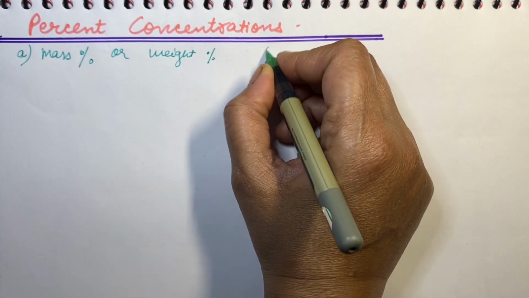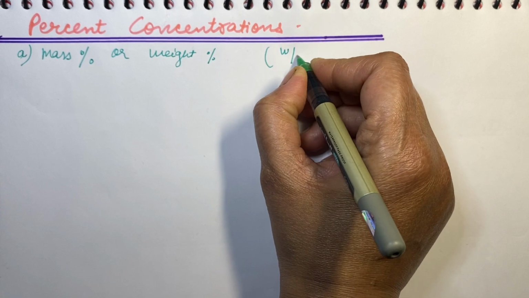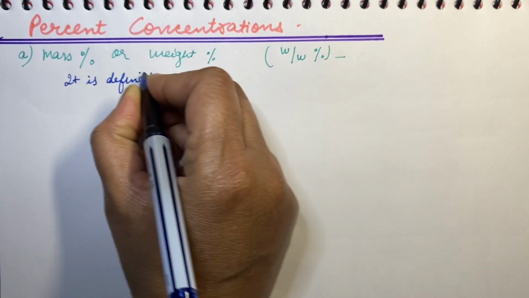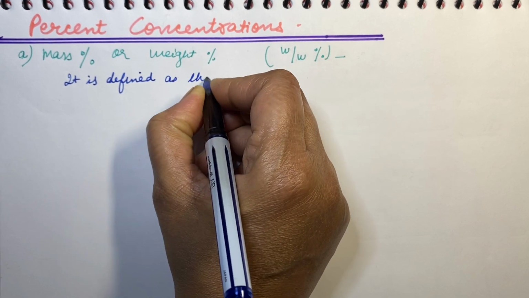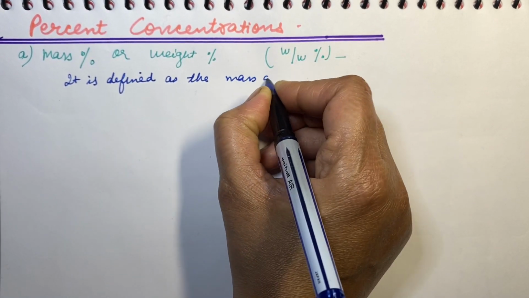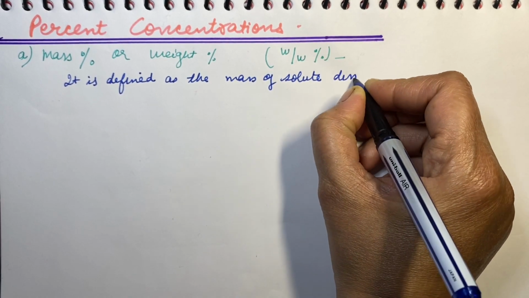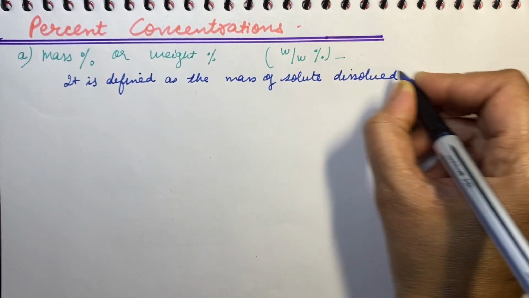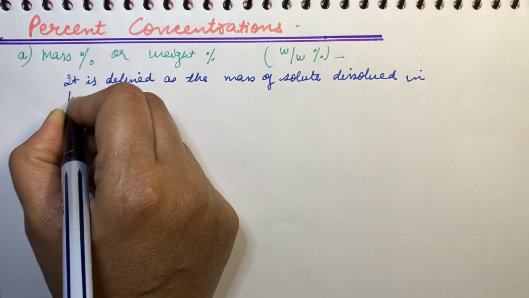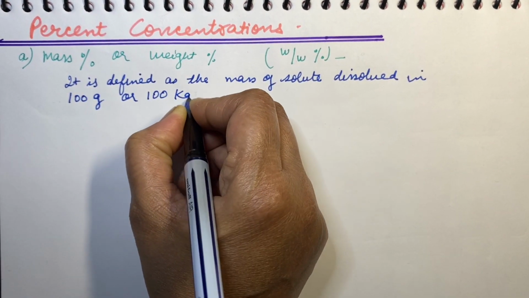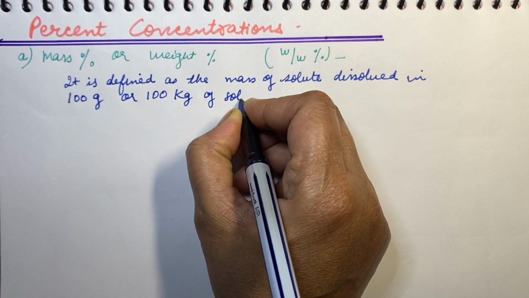It is generally denoted by W by W percentage, defined as the mass of solute dissolved in 100 gram or 100 kg of solution.